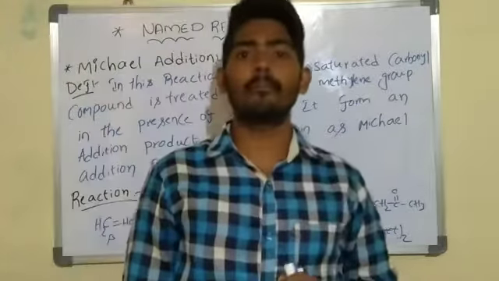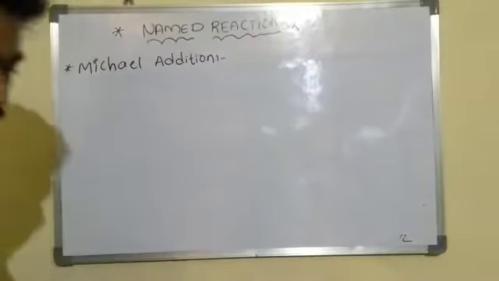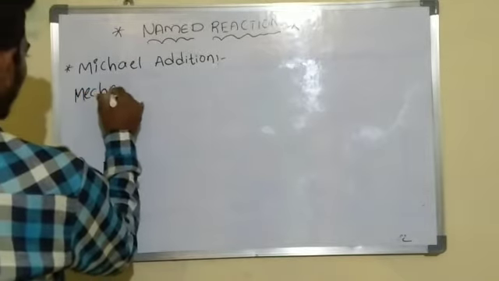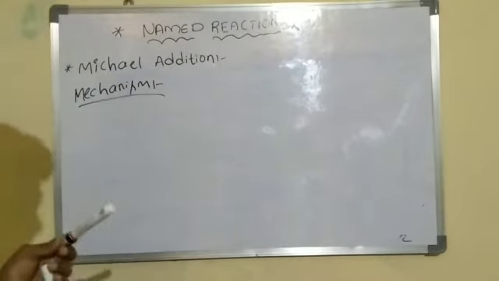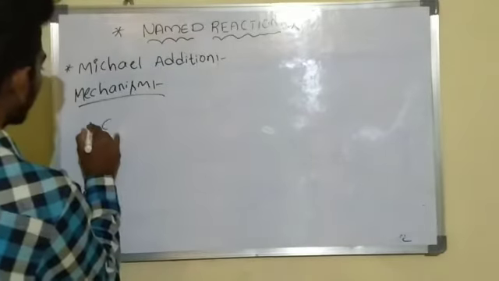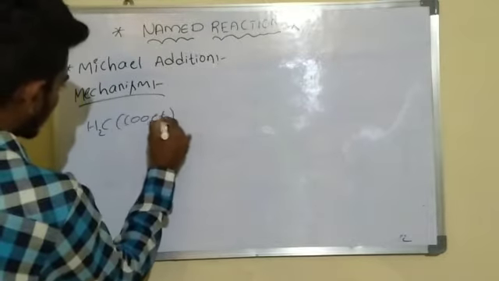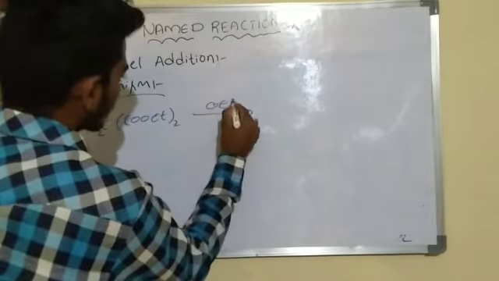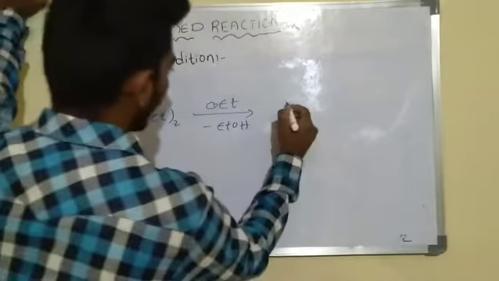Now we can see its mechanism. What is the mechanism of the Michael addition reaction? Initially, in the first step, take the active methylene group, that is malonic ester, CH2(COOEt)2. This malonic ester, the active methylene group, is treated with base and it removes a proton, and a carbanion is formed.